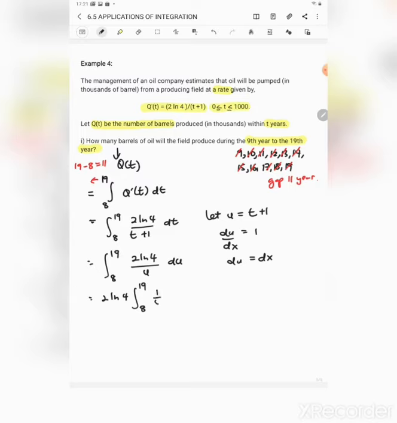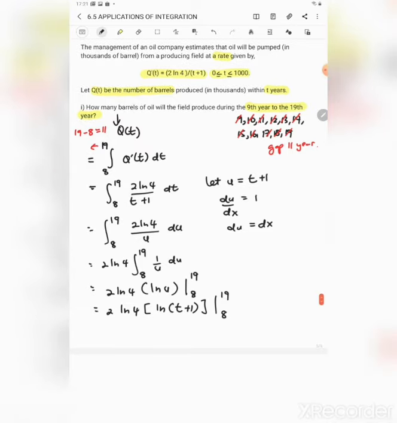Integrate 1 over u, we get 2 ln 4 ln u for the limit 8 to 19. However, we can see that 8 and 19 are in terms of dt, so we have to substitute and replace the value of u. ln u, u is equal to t plus 1, from 8 to 19.